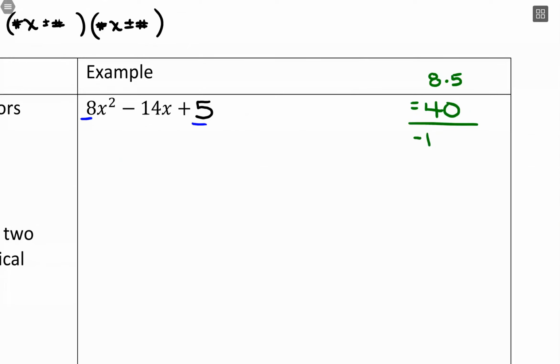So I could have -1 and -40. That would multiply to positive 40, but add up to a negative number. You'd have -2 and -20, -4 and -10, and if we add those two together, they add up to -14. So those are going to be our two numbers.